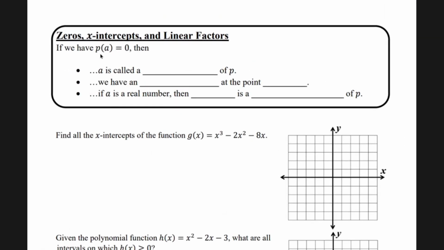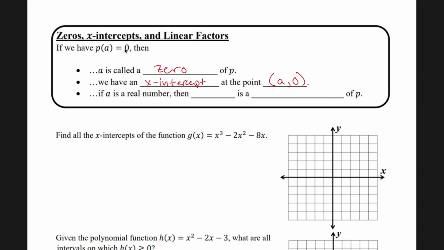All right, if we have P of a equals 0, what this is saying right here is if we plug in some number called a for x and get 0, a is a 0 of P. If it's a 0 of P, that means it crosses through the x-axis, so it's an x-intercept. And that happens at the point (a, 0).